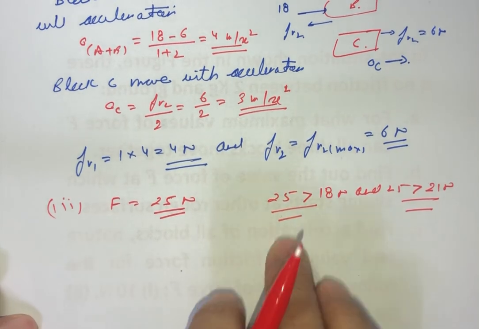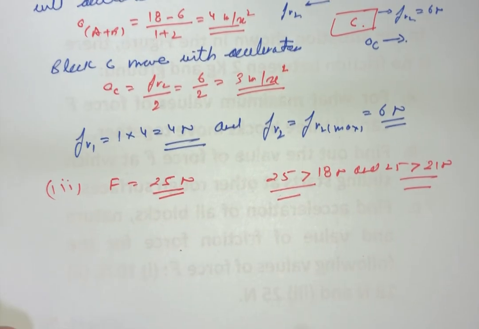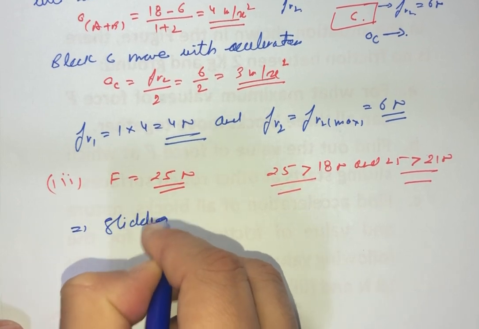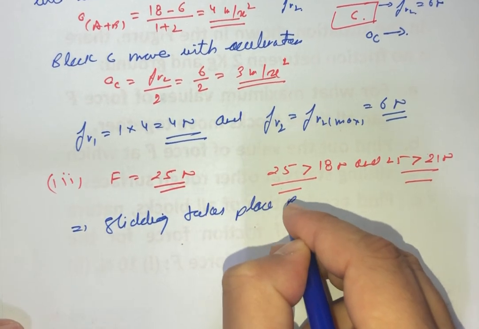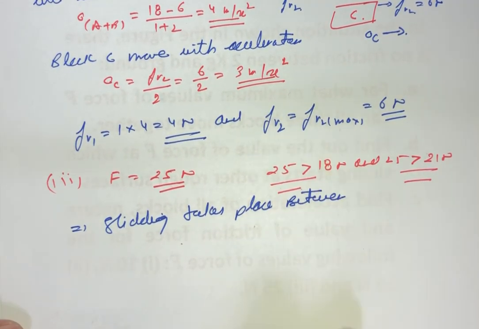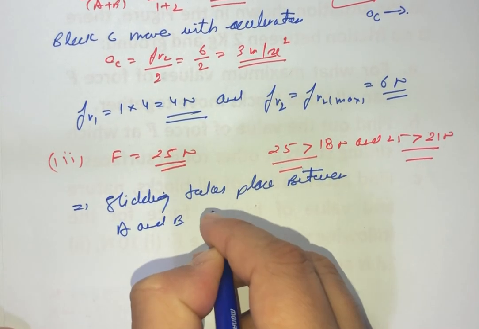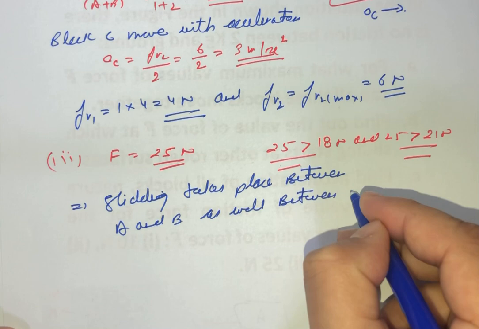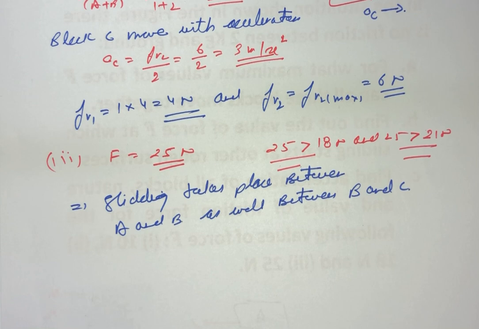So it means now the sliding is going to start between all the 3 blocks, which basically means sliding takes place between A and B, as well as between B and C. So all 3 will now be moving with different acceleration.